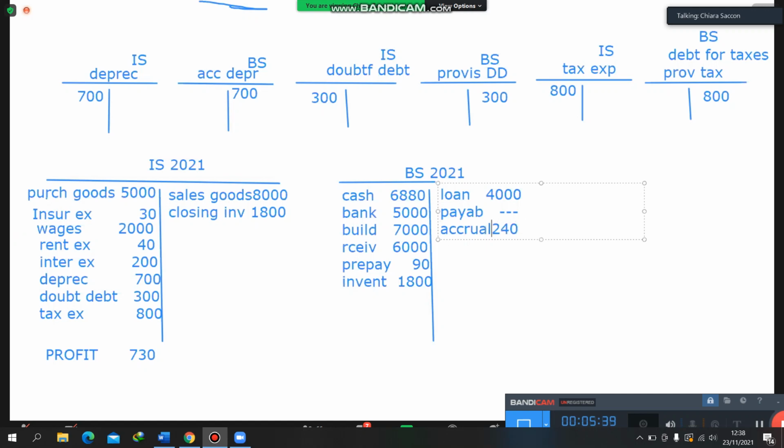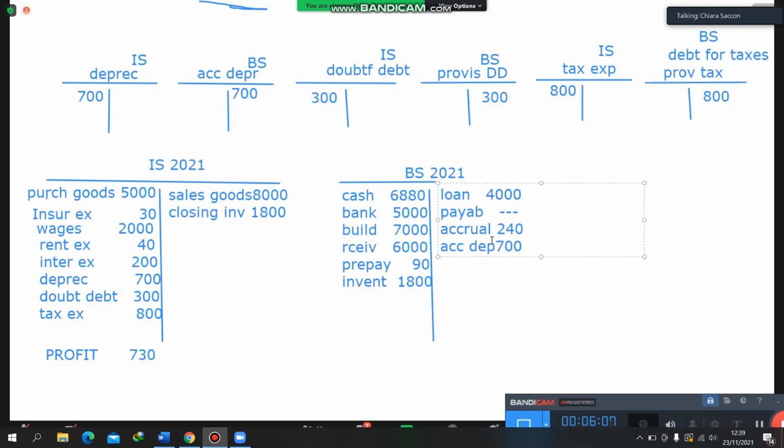Let me give a space. Okay. Then accumulated depreciation, 700. I can write it with the different sign on the opposite side, close to the building, or here.